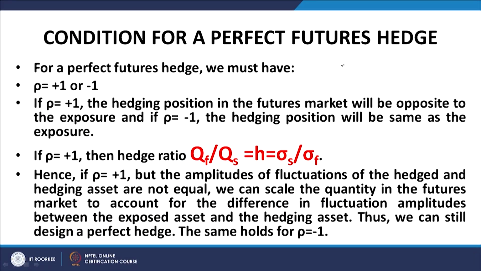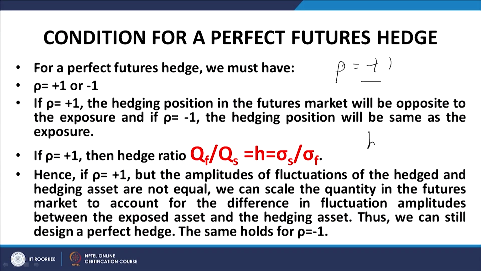Now, coming back to what I just mentioned, the minimum variance of the hedge portfolio can be made 0 if rho is equal to plus 1 or rho is equal to minus 1. Either of the two would ensure that.